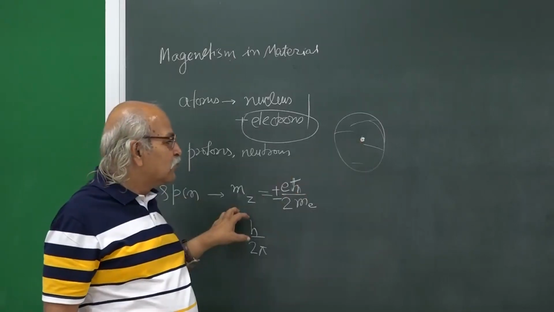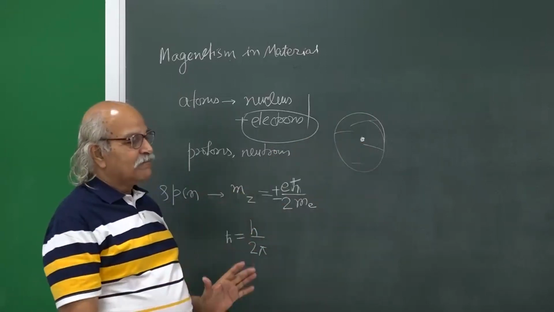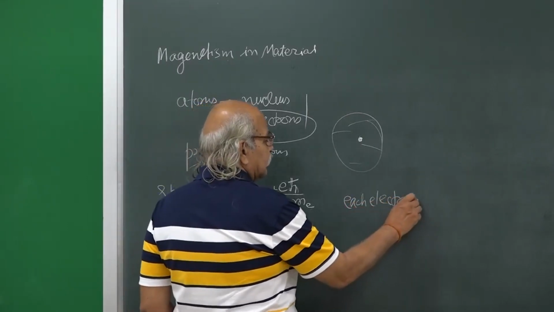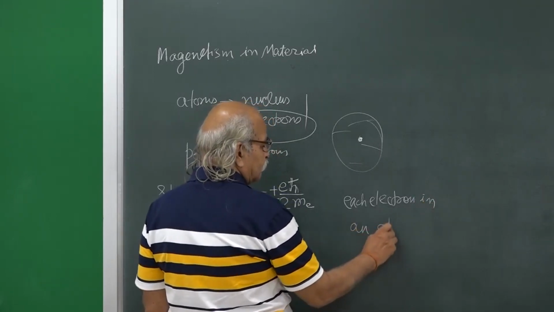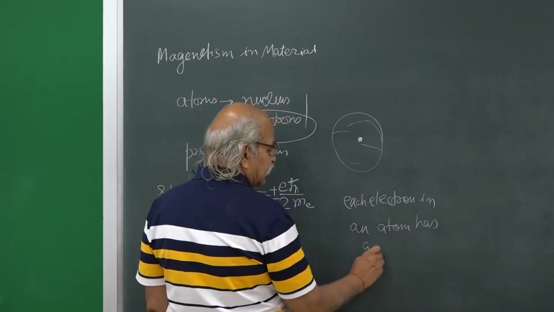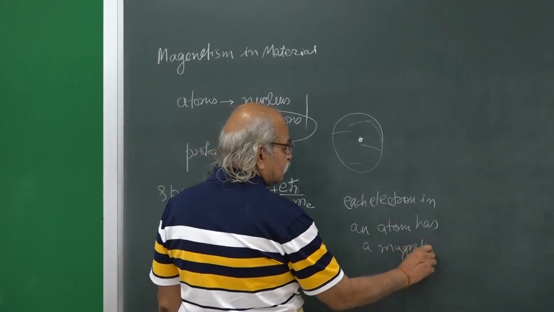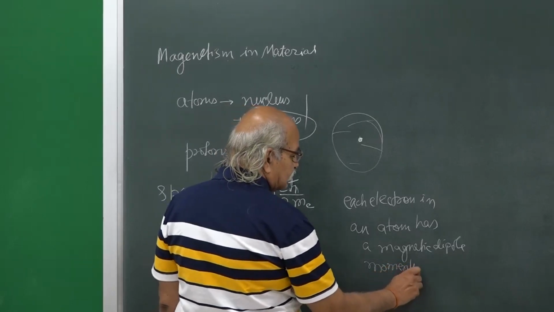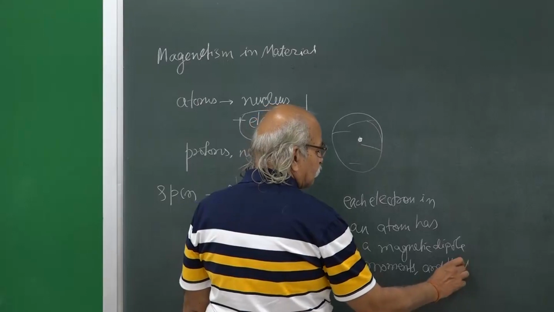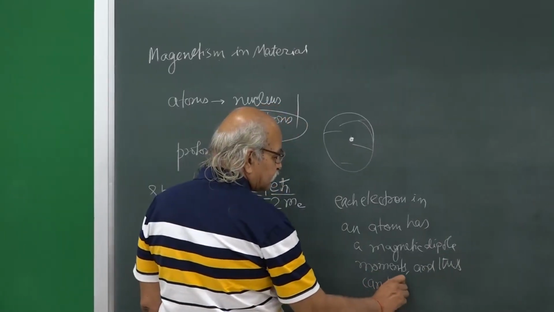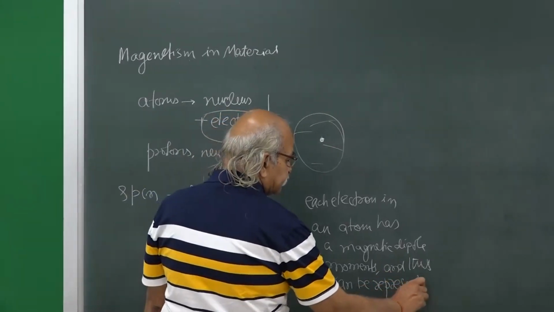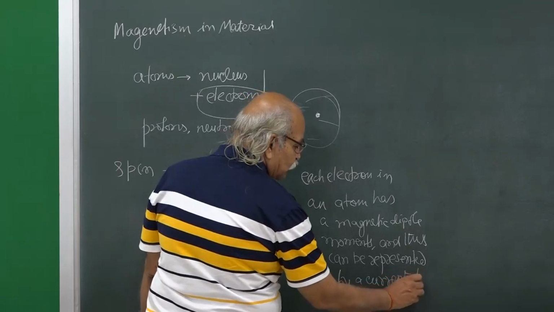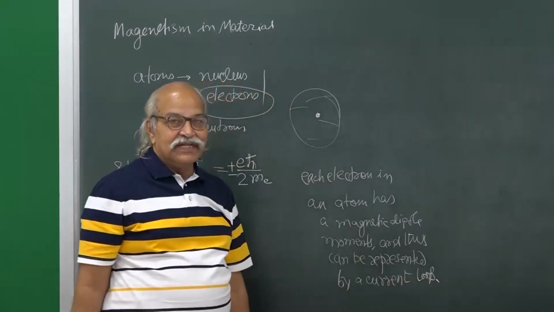So, in totality, this dipole moment and the dipole moment due to this current, we combine that and we say that each electron in an atom has a magnetic dipole moment and thus can be represented by a current loop, a tiny current loop, very tiny, very tiny.